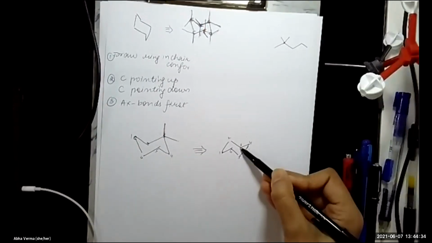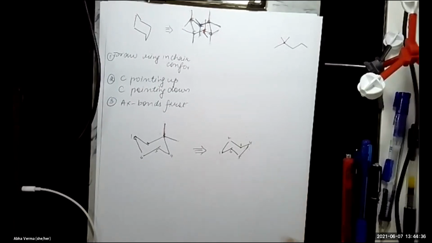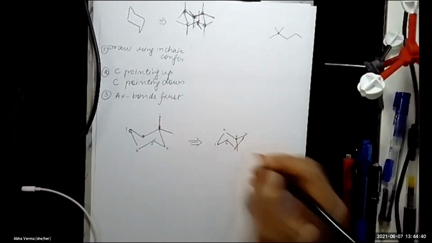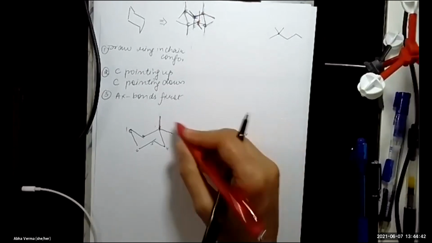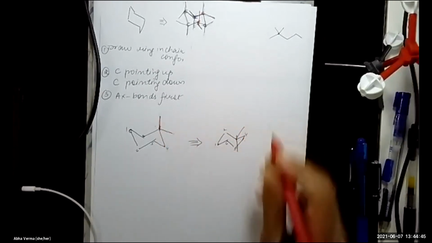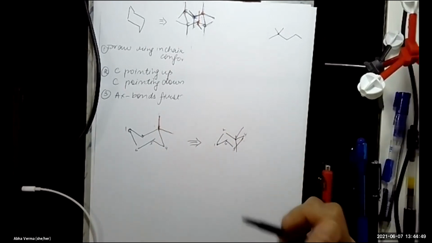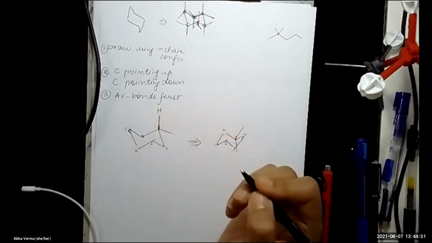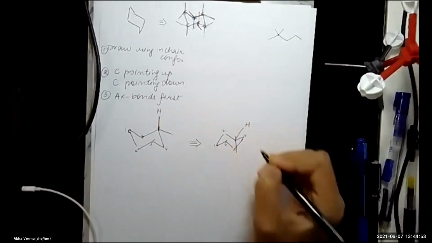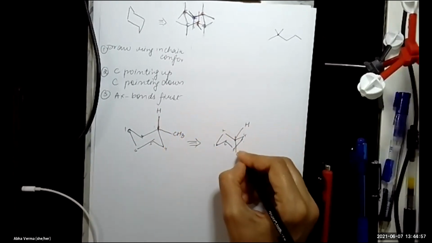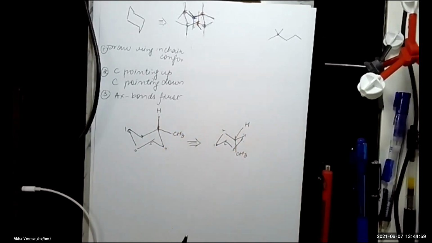What is happening on carbon 3? My equatorial is now going down and my axial, or my equatorial will be like that. So what was on axial is now on equatorial, and what was on equatorial is now on axial.